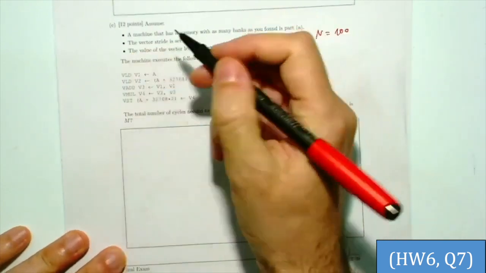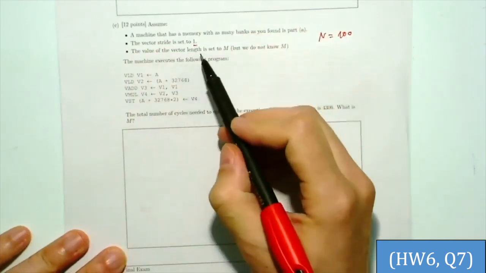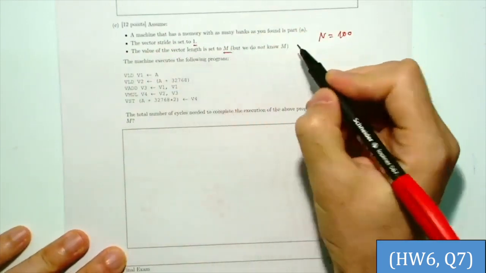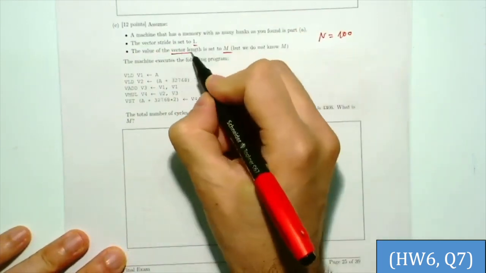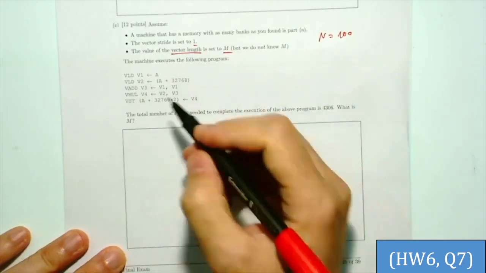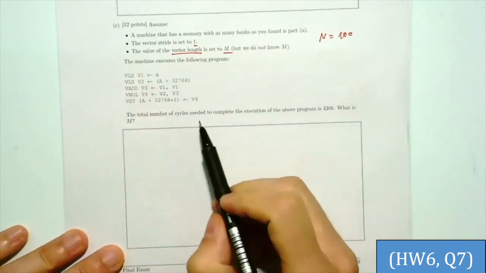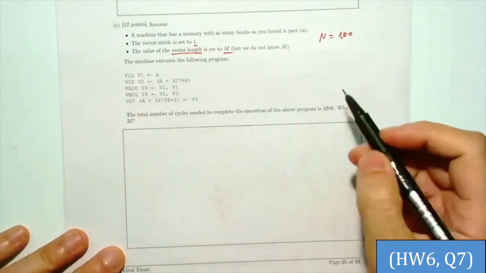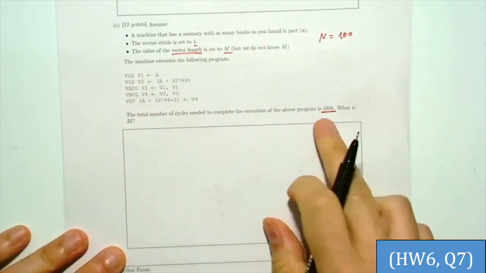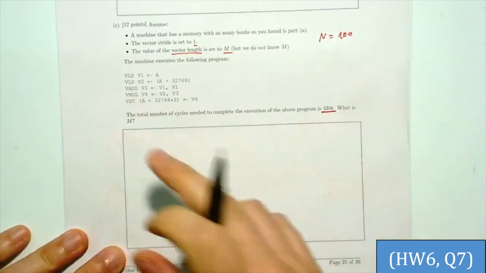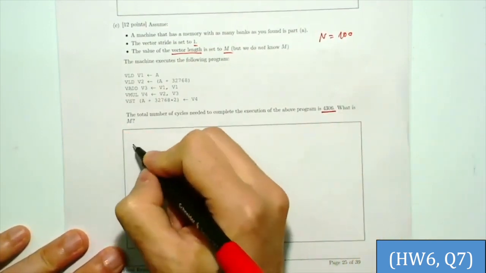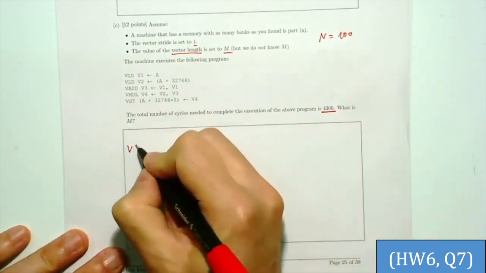The vector stride is 1, and the value of the vector length is set to m, but we don't know the vector length. The machine executes this code, and the total number of cycles needed to complete an execution is this number. What is m? So we can draw this code.